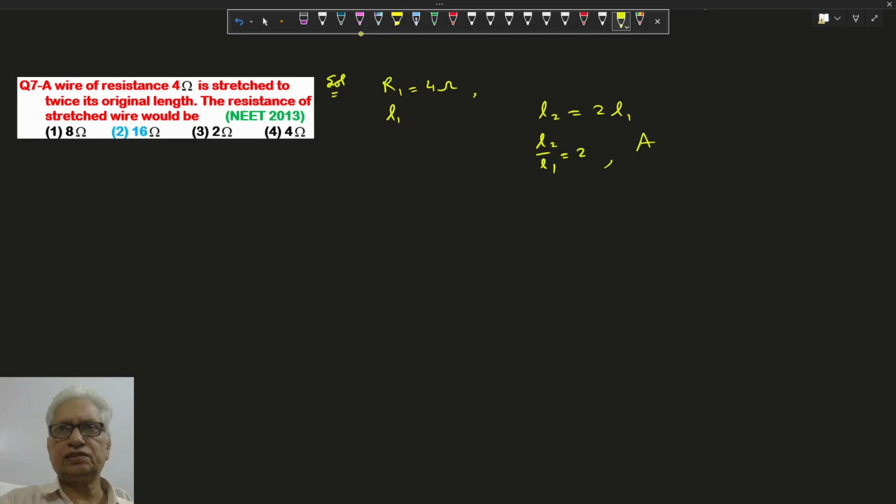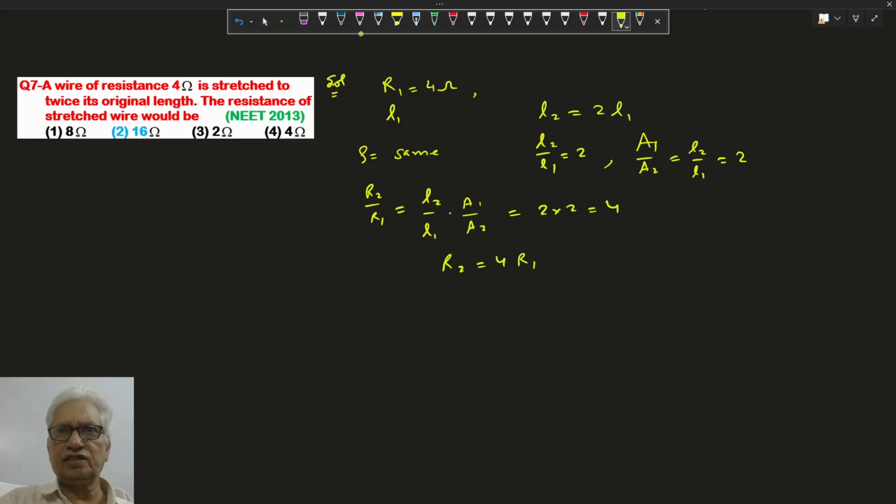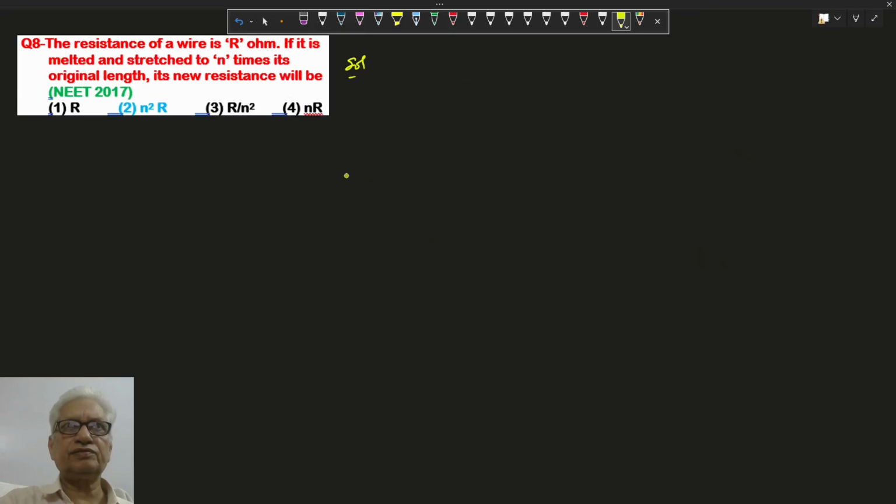As volume is constant, A1 upon A2 equals L2 upon L1, which is 2. Now R2 upon R1 equals L2 upon L1 into A1 upon A2, as resistivity is the same. That is 2 into 2, which means 4, so R2 will be 4 times R1, and R1 is 4 ohm. If the wire is stretched to n times, R2 upon R1 will become n squared, so the new resistance will be n squared R1, where R1 is R.